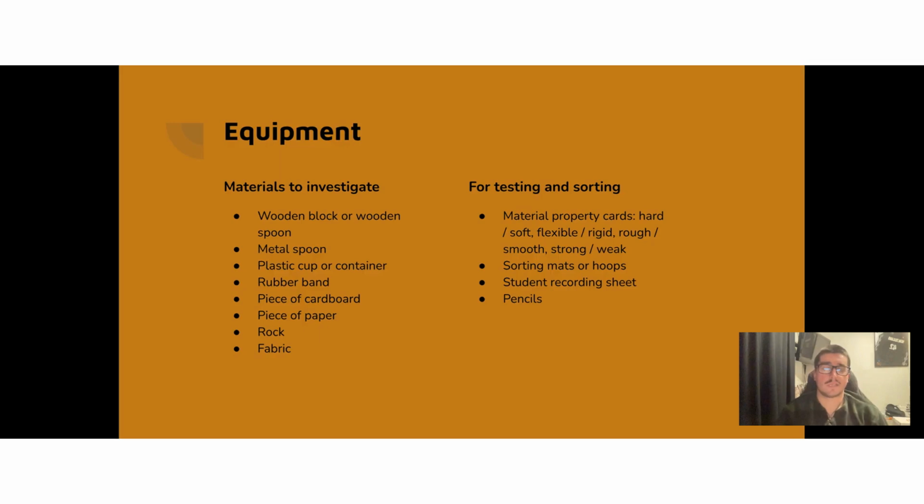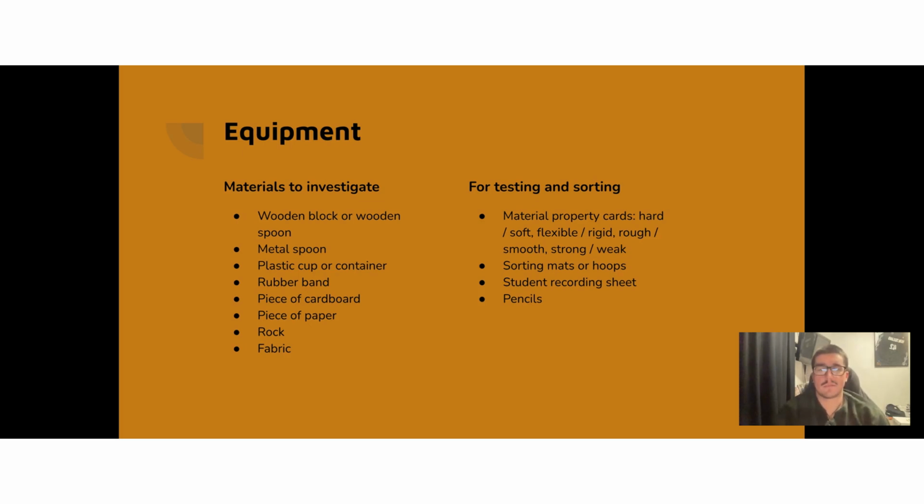For equipment for this activity, each small group would receive a tray containing a range of common and familiar materials. This could include a wooden block, like a Jenga block or spoon, a metal spoon, plastic container, rubber band, paper, cardboard, a rock, and a piece of fabric.